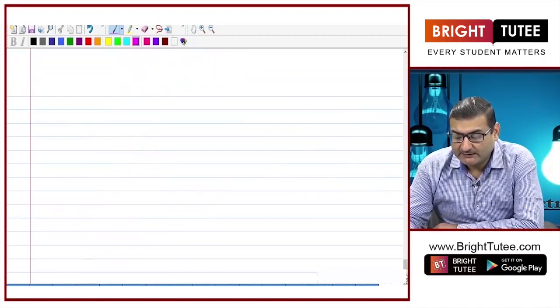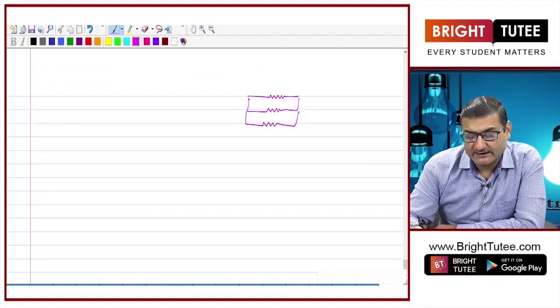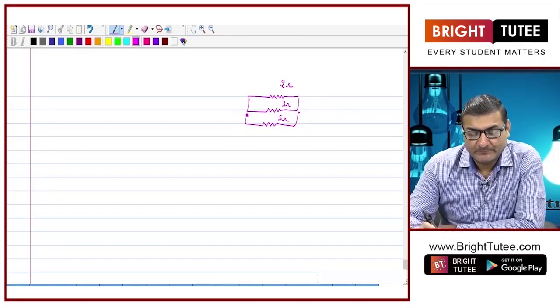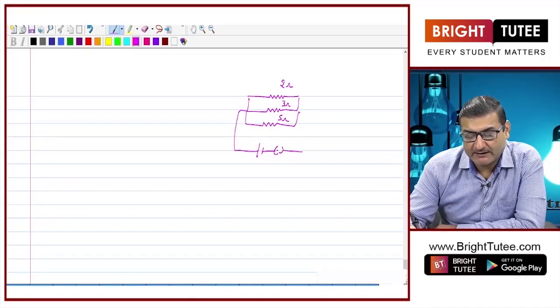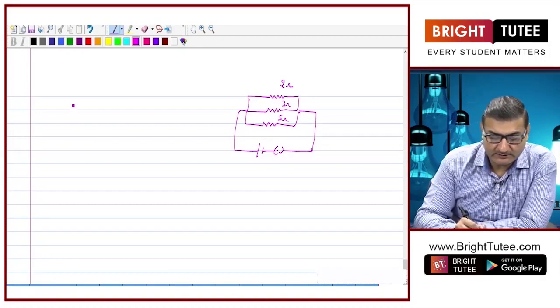Now, had it been, rather than 2 resistances, we are given 3 resistances, that is 2 ohm, 3 ohm and 5 ohm. They are connected in parallel. Once again, I am asked to find out the total resistance.